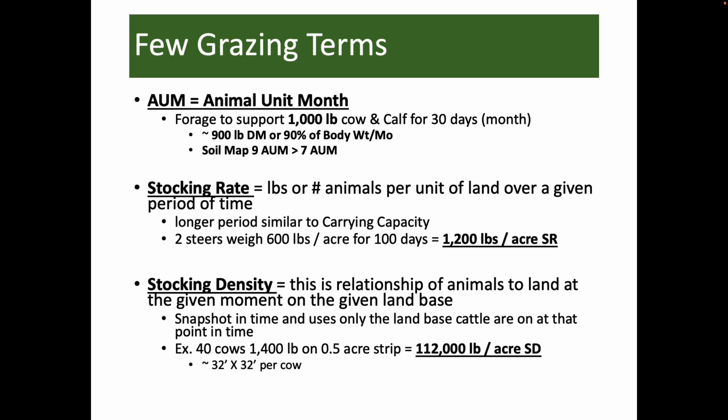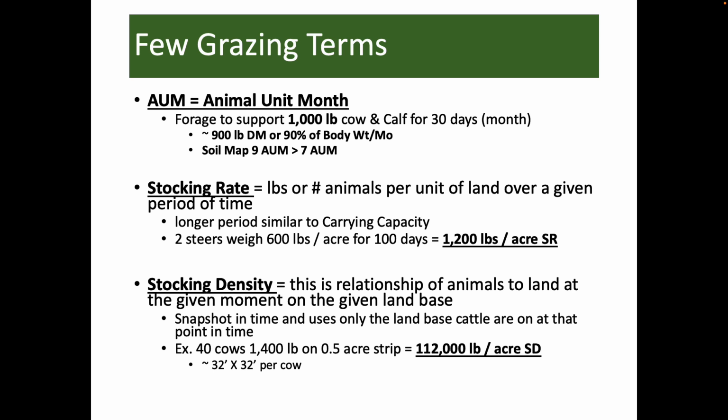Stocking rate is defined as the pounds or, in some instances, the number of animals per unit of land for a given period of time. If we're thinking about the entire year, we would define that stocking rate as the carrying capacity.